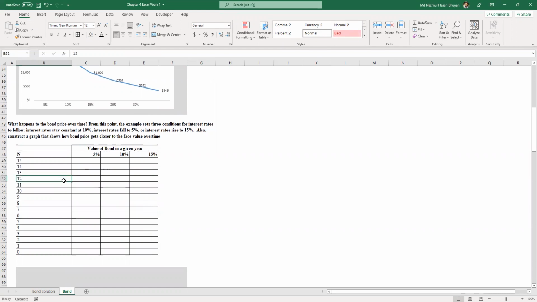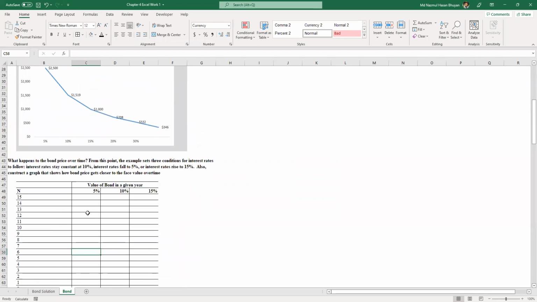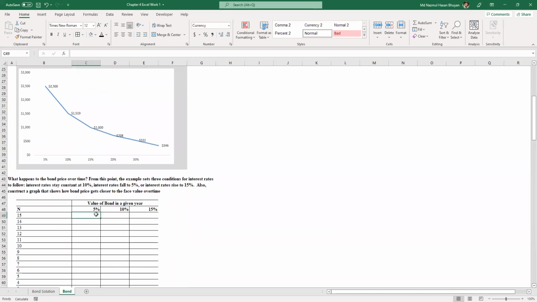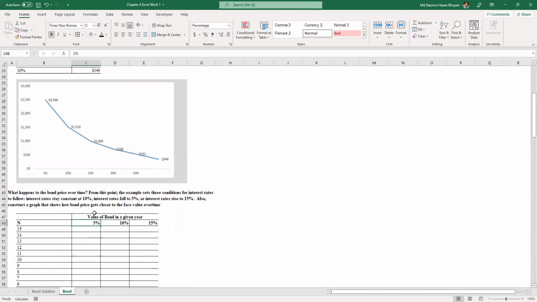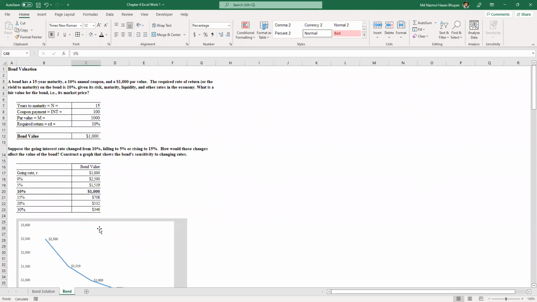Now let us see how the price of the bond changes as it moves to the maturity year. And here you can see we have three interest rate scenarios. One is 5% interest rate. Another one is 10% interest rate, and the last one is 15% interest rate. Whenever market interest rate is 5%, then market interest rate is less than the coupon rate of the bond.